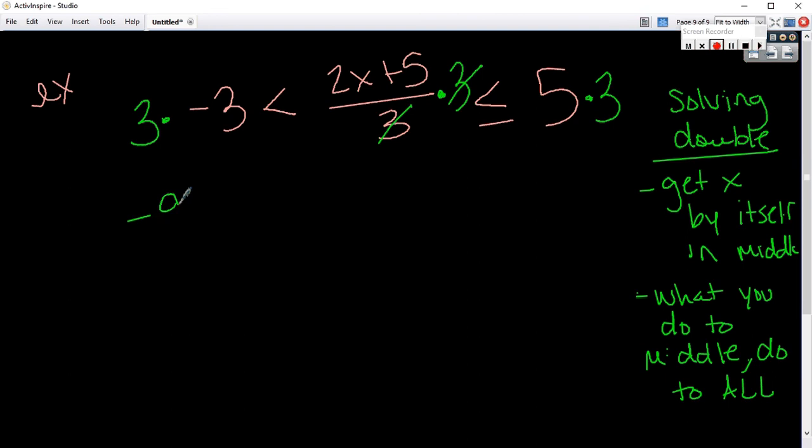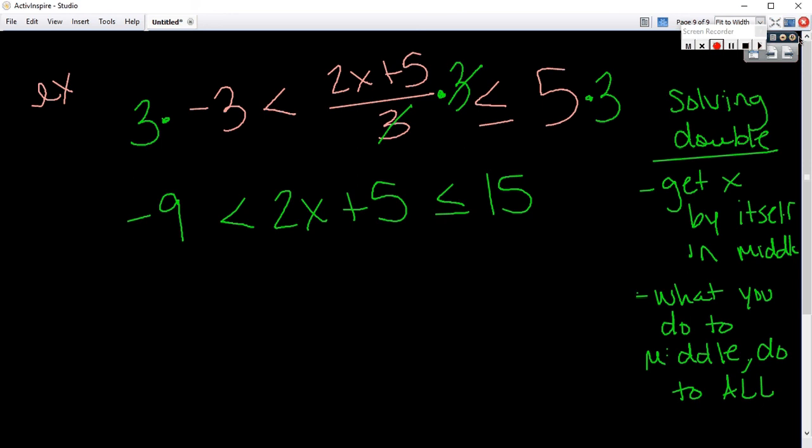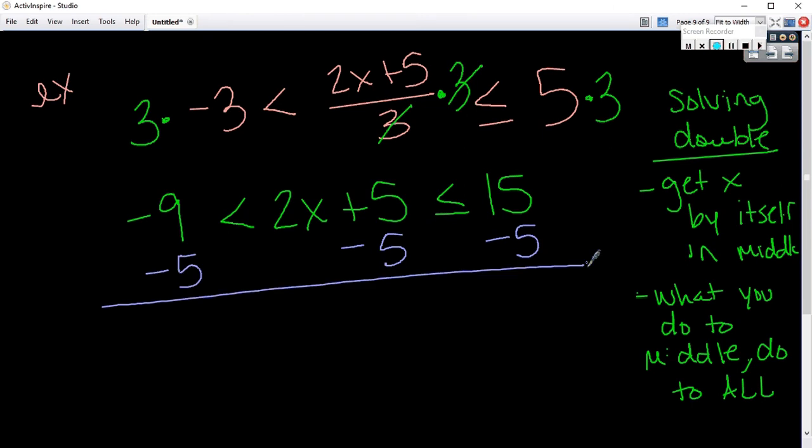So I end up with -9 is less than 2x plus 5 less than or equal to 15. Do y'all remember doing these? You might not have done these. Now what? Subtract 5. From here, and from here. So I get -14 less than 2x less than or equal to 10.